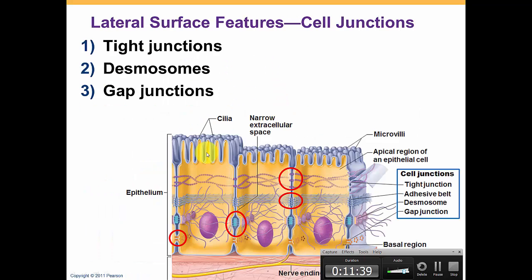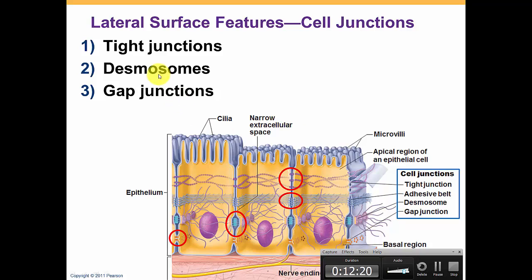Next is the lateral surface. We have three different types of junctions. We have tight junctions, desmosomes, and gap junctions. The tight junctions and the desmosomes, both of them, are responsible for attaching the cells together. But the gap junction is actually a connection between the cells that allows ions and small structures to travel between the cells without having to exit one cell and enter the other cell.